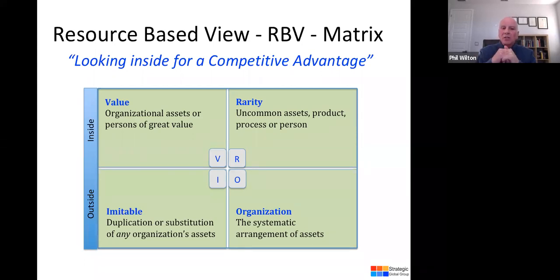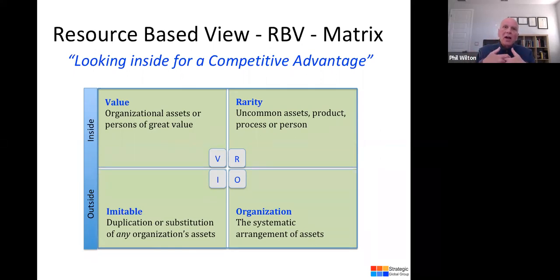The reason I put inside for the value and rarity is that it is pretty uncommon that anybody outside of the organization can look at what your values are in an organization. It's difficult for them to find out what's valuable and what's rare in your organization.